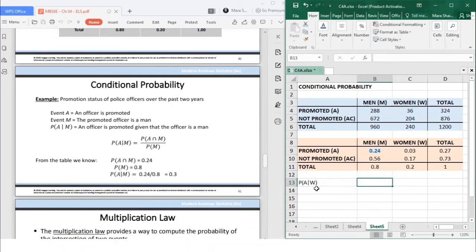So if we compute or solve this, we have the probability of the intersection of A and W. So, where do A and W intersect? Here we have 0.03, divided by the probability of W. The probability of W is down here, so you have 0.02.